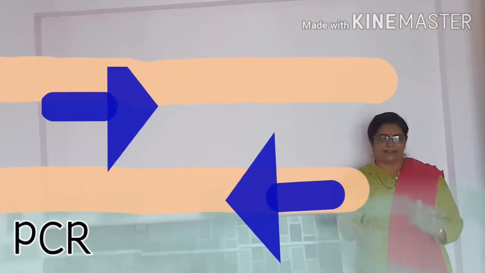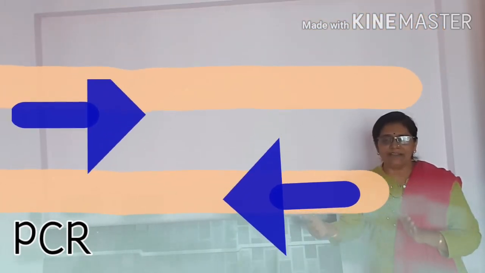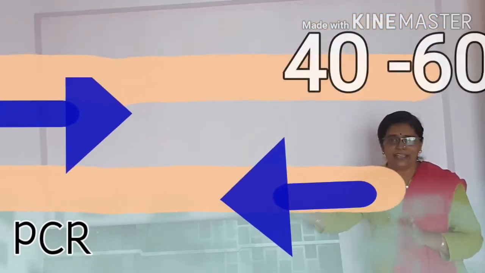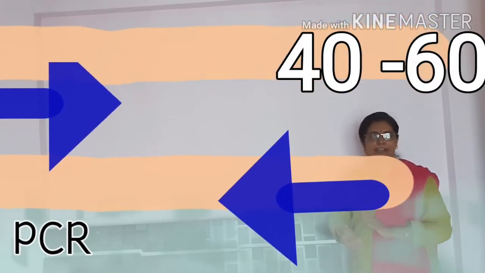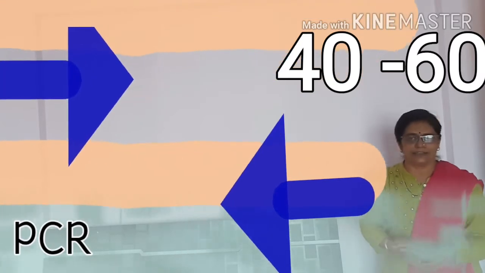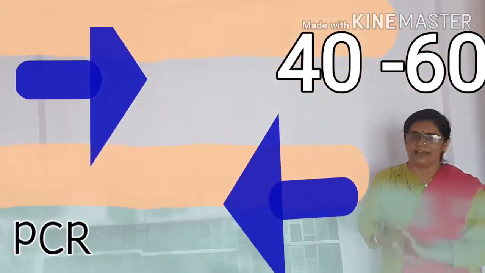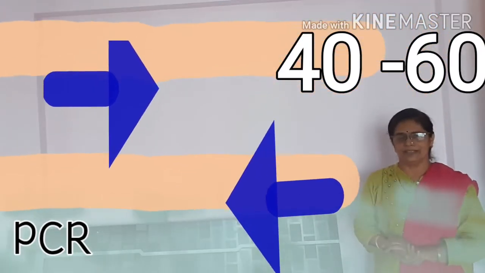And for this step, the temperature required is about 55 degrees Celsius. In the new syllabus it is given as 40 to 60 degrees Celsius, and in the old syllabus it is given as 55 degrees Celsius.